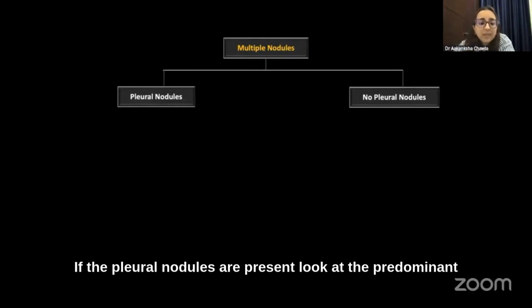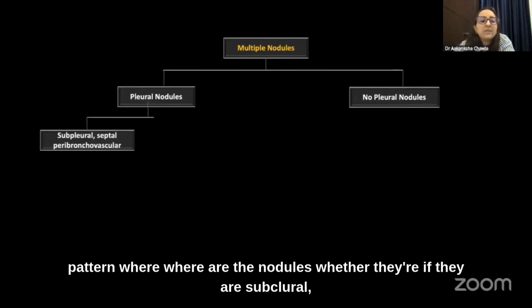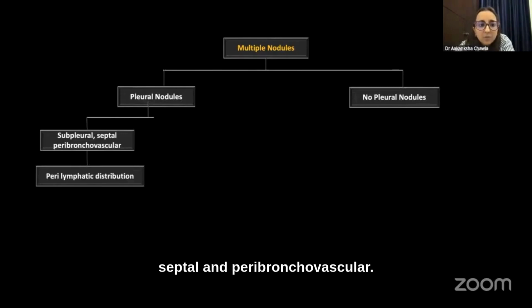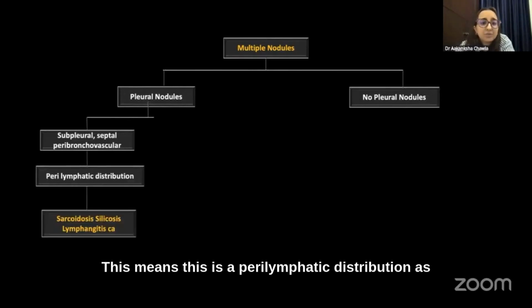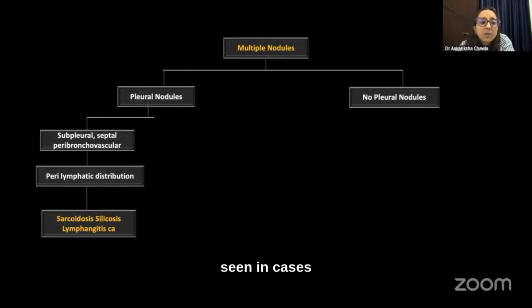present or not. If the pleural nodules are present, look at the predominant pattern. Where are the nodules? If they are subpleural, septal, and peribronchovascular, this means this is a perilymphatic distribution, as seen in cases of sarcoid, silicosis, and lymphangitic carcinomatosis.